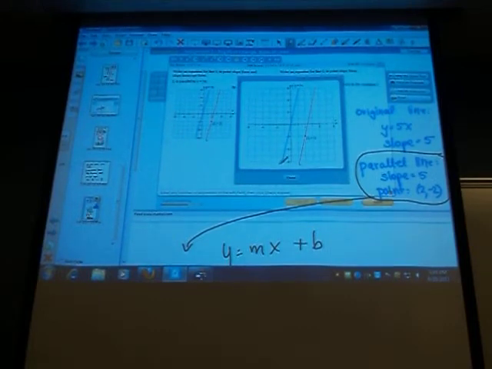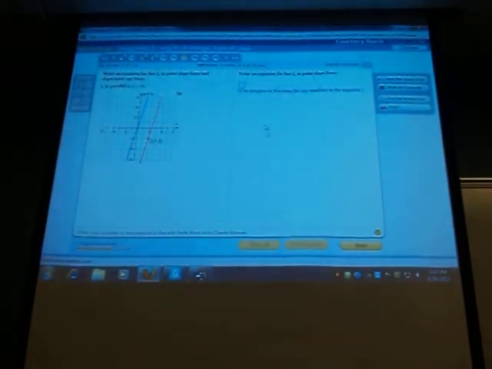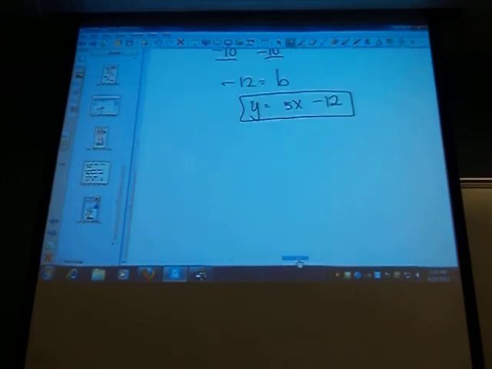That's not the answer. It says write an equation for line L in point slope form. What was point slope form? Y minus y1 equals m times x minus x1. If they ask you for point slope form, I didn't think it was this question that asked for point slope form. I'm not reading the question carefully enough.